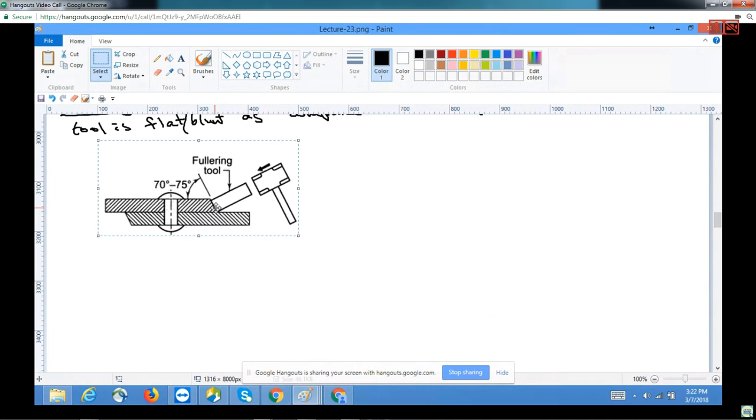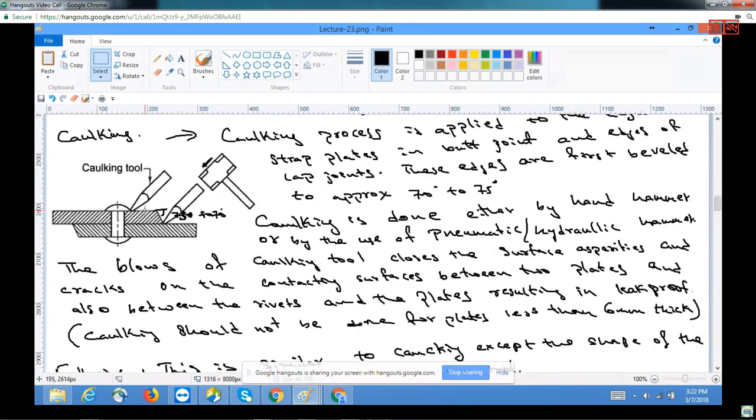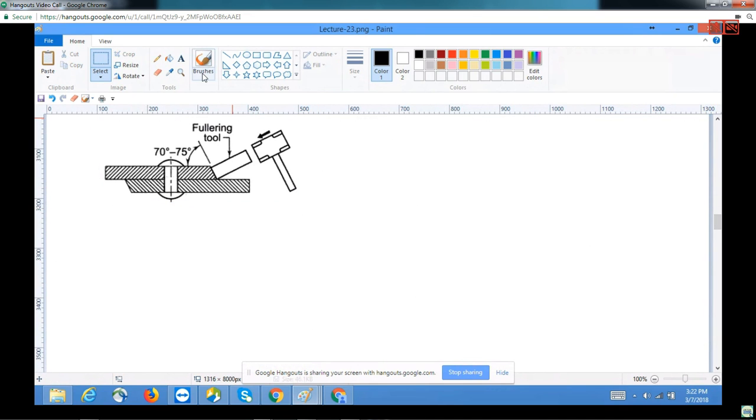So here it is a blunt tool, whereas in this case it is a sharp tool. So now let us take some examples. So let us try to solve an example using the strength.